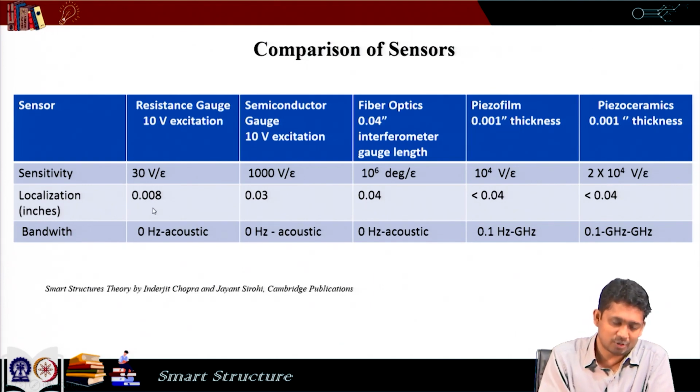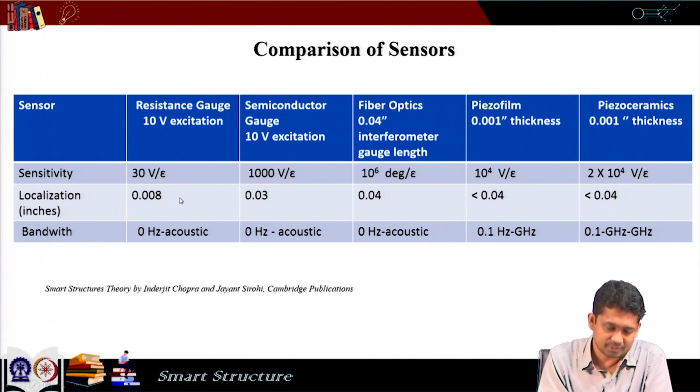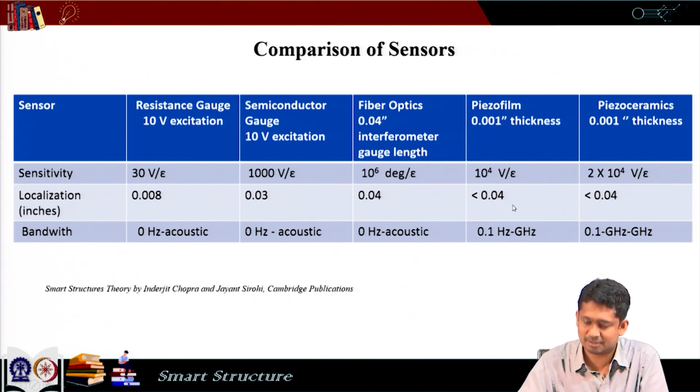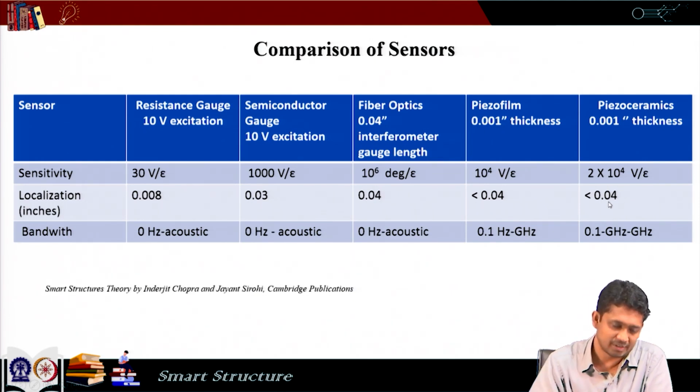If you look into the localization accuracy, resistance gauge has 0.008 inches, semiconductor gauge 0.03 inches, fiber optics 0.04 inches, piezo film less than 0.04 and piezo ceramics less than 0.04.